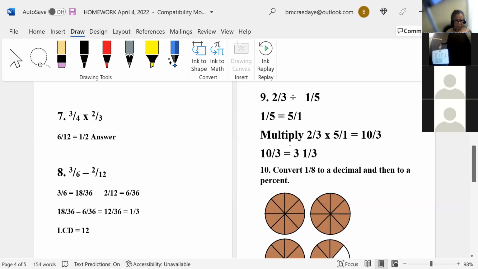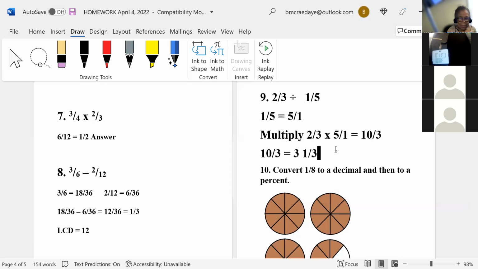And then she just simplifies. Yes, just divide 3 into 10, goes 3 times. 3 times 3 is 9. 9 from 10 is a remainder of 1, and you put the remainder over the denominator. Got it? Yes, that's cool.